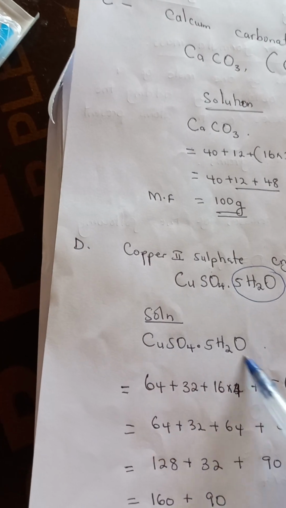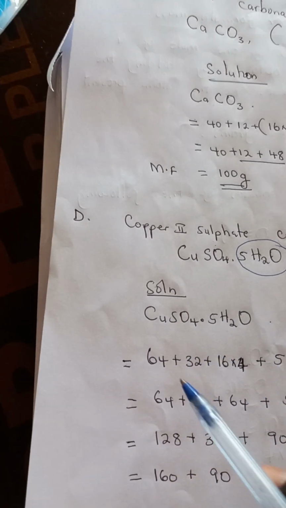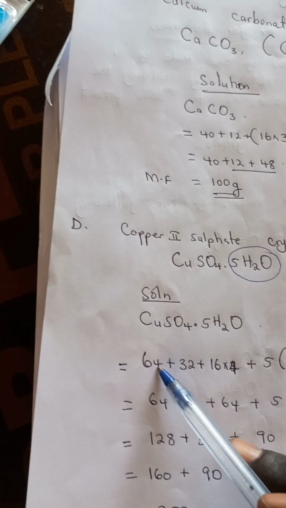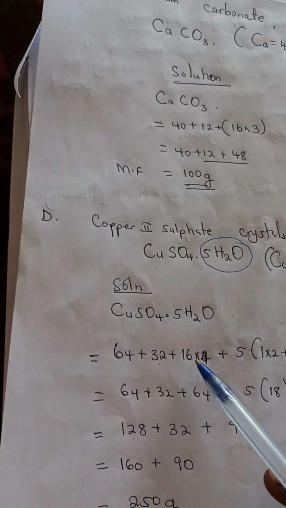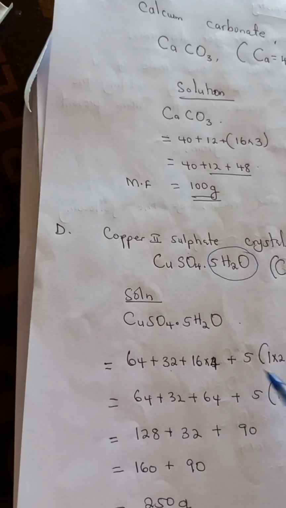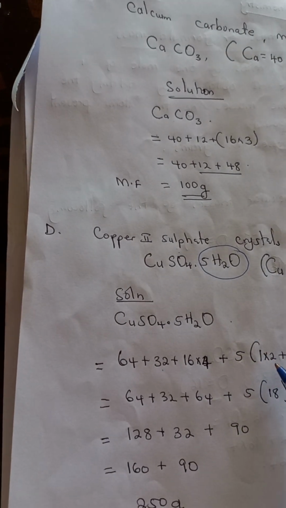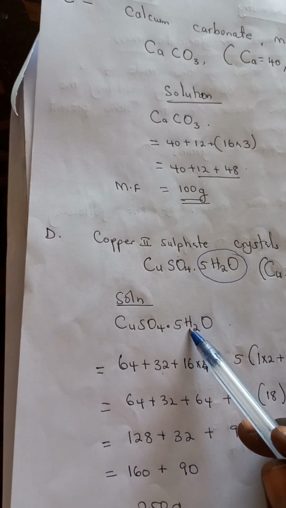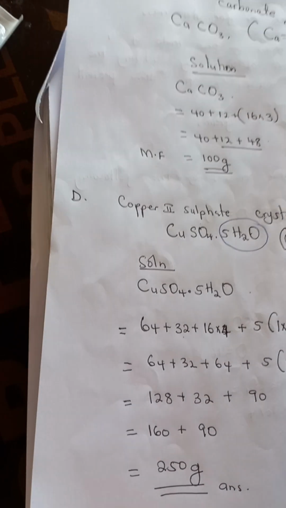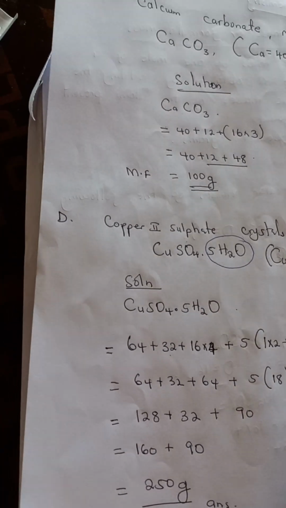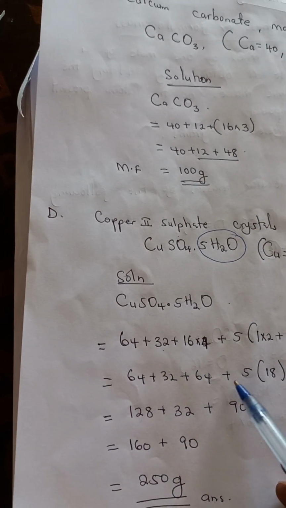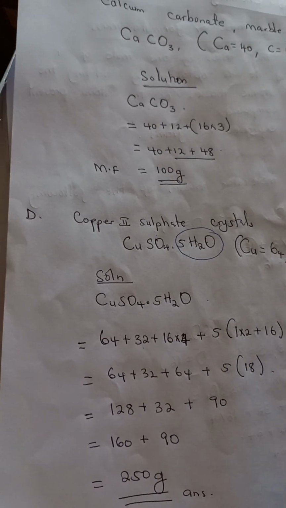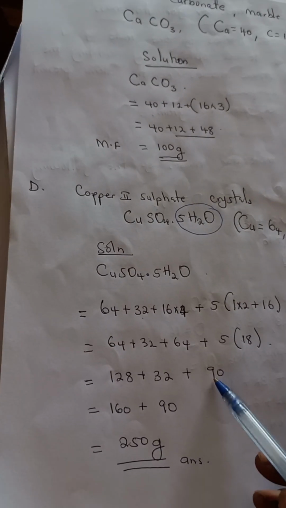Solution. This is the correct formula of hydrated copper 2 sulfate. You will have copper, relative atomic mass 64, plus 32, which is the relative atomic mass of sulfur, oxygen 16 times 4. Then plus, you will have 5 outside, 1 times 2, because there are 2 atoms of hydrogen, then plus 16, which is the relative atomic mass of oxygen. 64 plus 32 plus 64 plus 5 times 18, and that will give you 90.